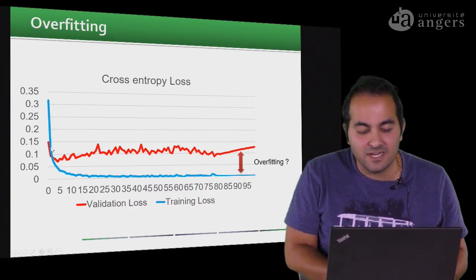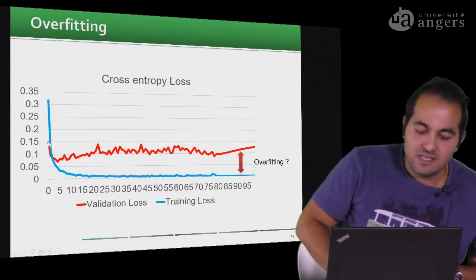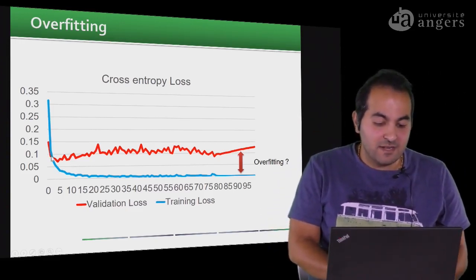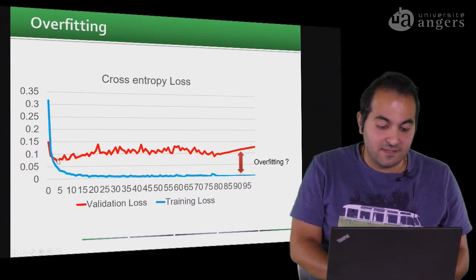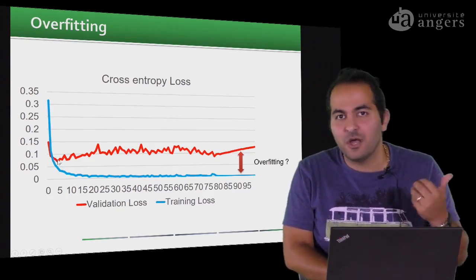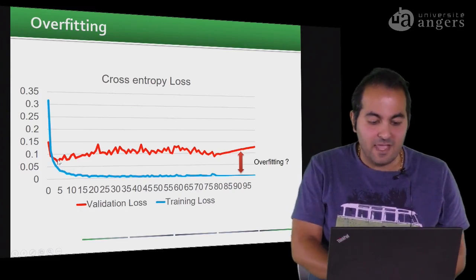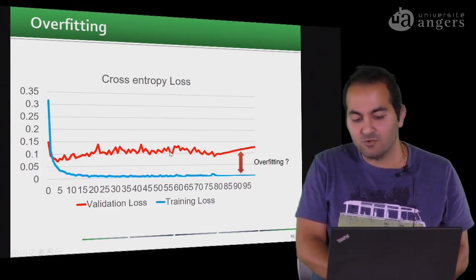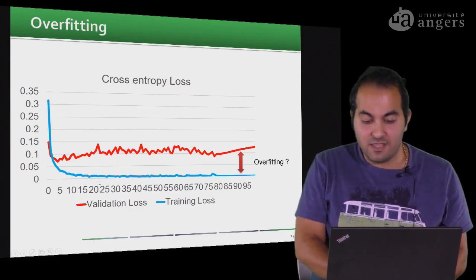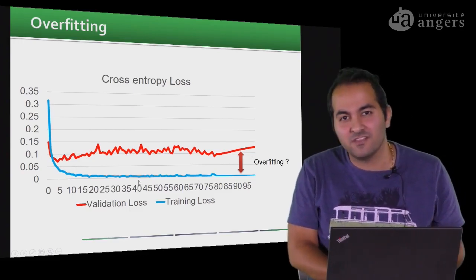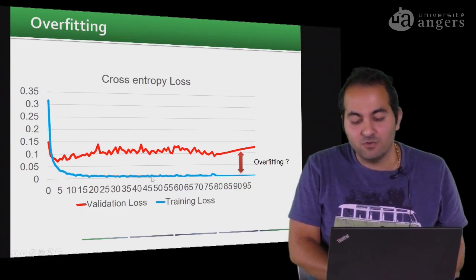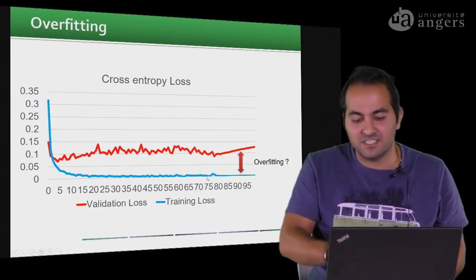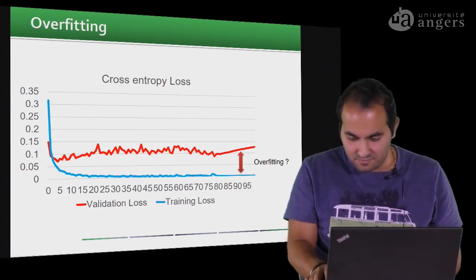At the beginning, they stay together until about epoch number 5. Then as the number of epochs increases, the validation loss goes up, and the training loss goes down. So we can see this difference.